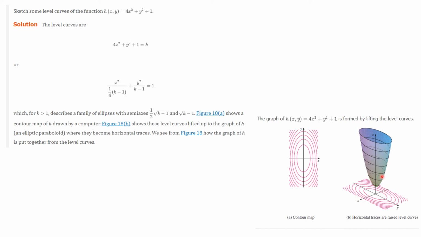Okay, again, this is the picture that we get, and you have parabolic traces when z is equal to 0, but the level curves, which is what you're supposed to do, are the ellipses, and you see if you lift the ellipses up, you get the function itself. And this is the equation of the ellipse that you get when you just set it equal to k. That helps you graph it.